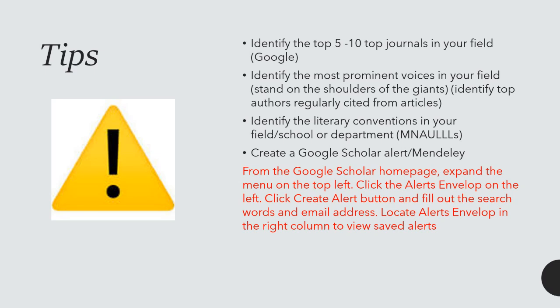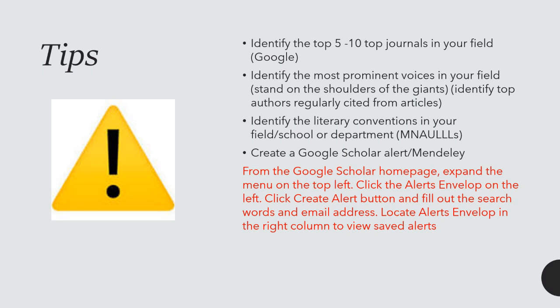You can also create a Google Scholar alert or one on Mendeley. When you create a Google Scholar alert, they will send you the latest publications on your topics by email. From the Google Scholar homepage, you go to the top left menu, click alerts, then create an alert, fill out the search words and put in your email address.